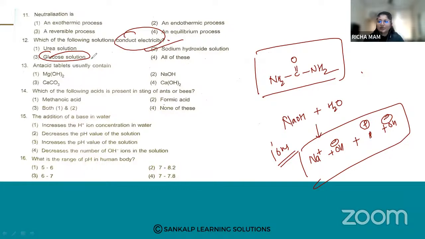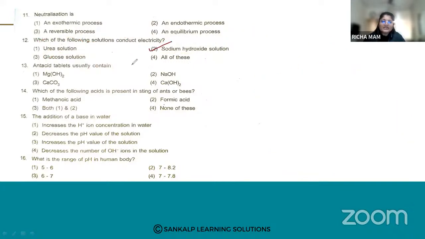So it is considered a non-electrolyte. Urea is also a non-electrolyte. Sodium hydroxide is an electrolyte because when you add it in water, it readily dissolves and dissociates into free ions. Let us go for the next one. I hope it is clear. So our answer is the second one.